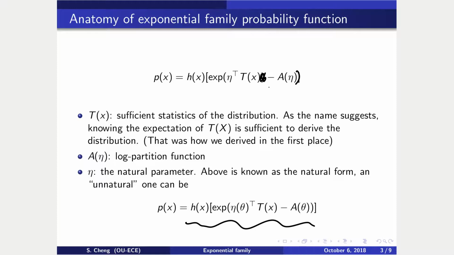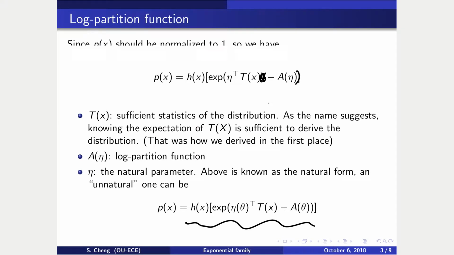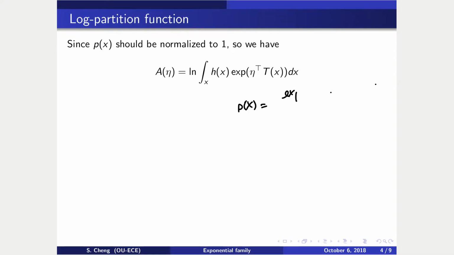is just the normalization factor, right? So again, we have p(x) is essentially just equal to exponential of eta transpose t(x) times h(x) over exponential of A(eta), right?